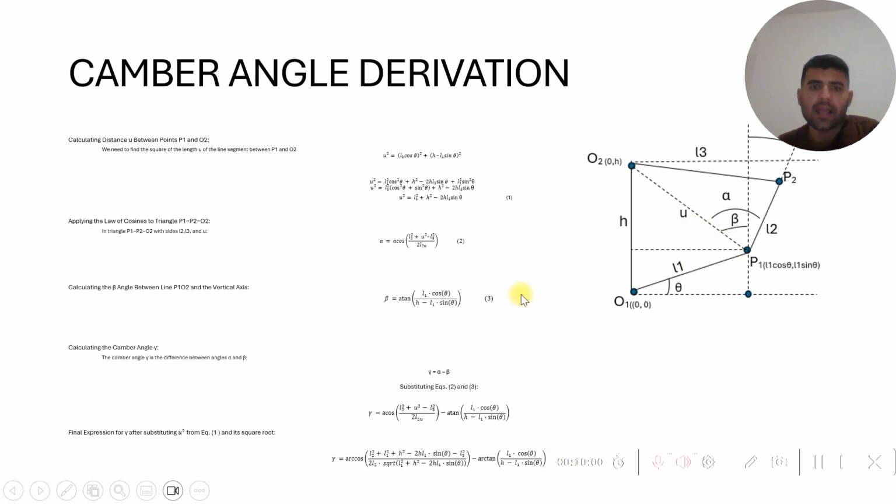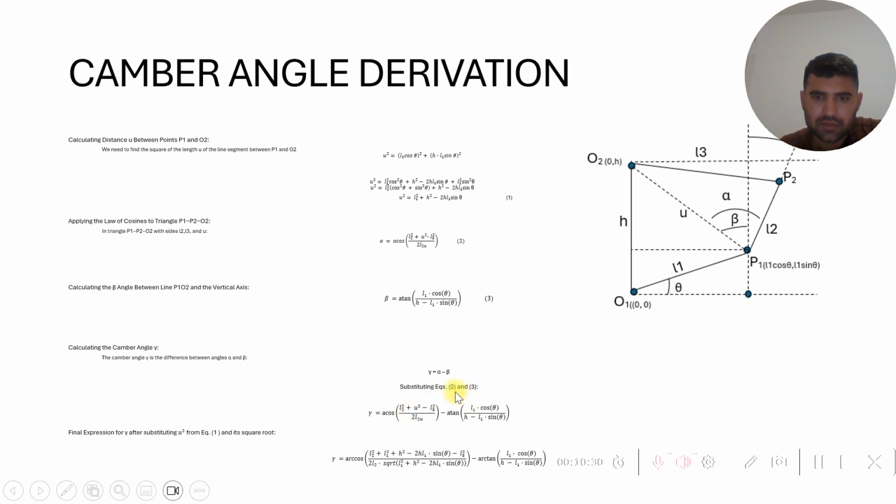And then we calculate the beta angle between P1 and O2, which is this one. So we get this equation, and next we calculate the camber angle, which is basically the difference between equation 2 and equation 3, with alpha and beta.